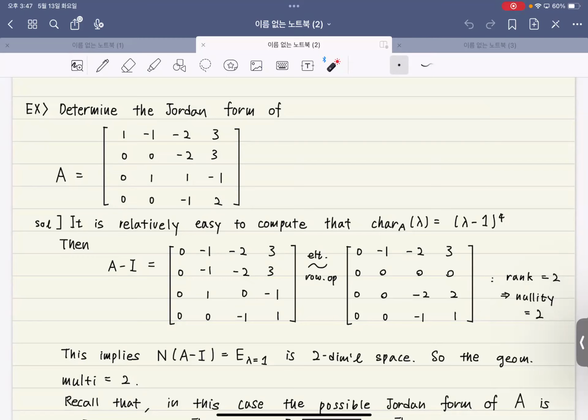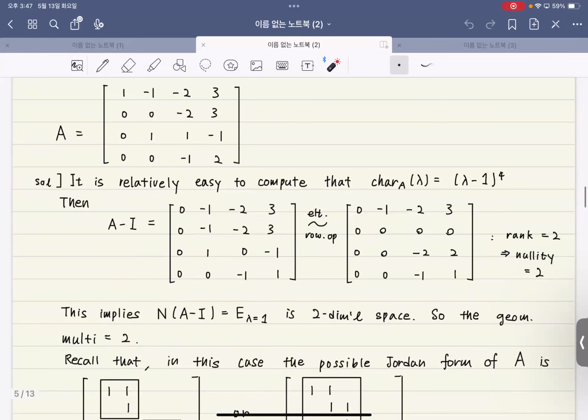The eigenspace means the null space of this one, so it is a 2-dimensional space because the nullity is 2. So the geometric multiplicity of this eigenvalue must be 2. So this is algebraic multiplicity 4 and geometric multiplicity 2.